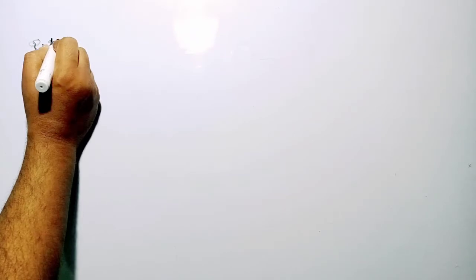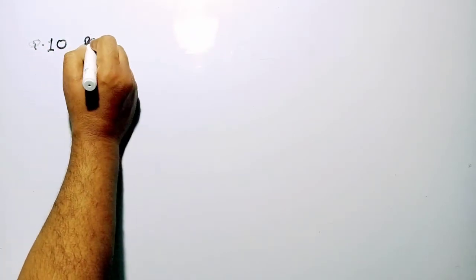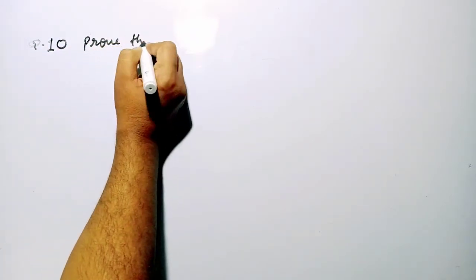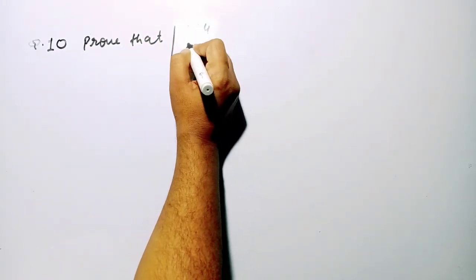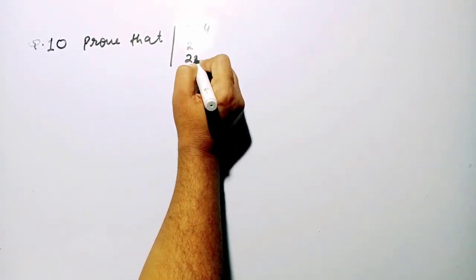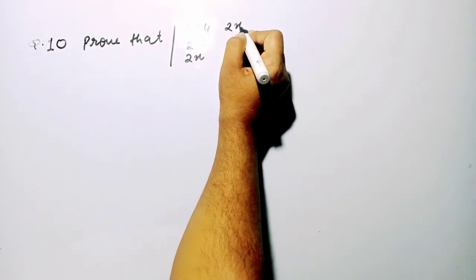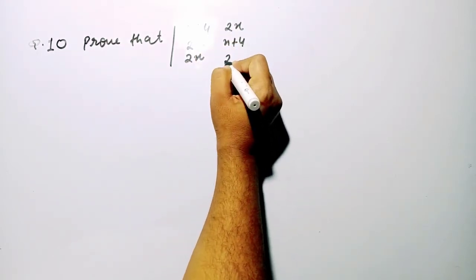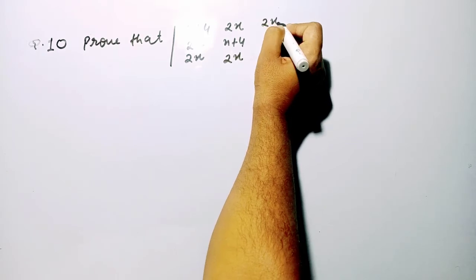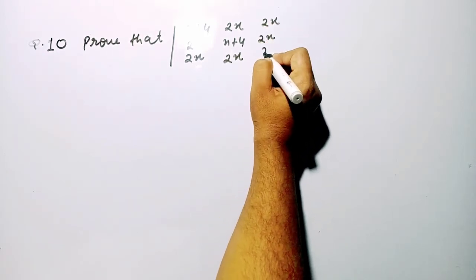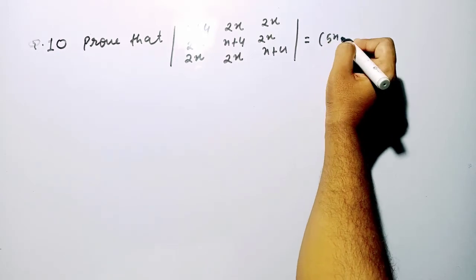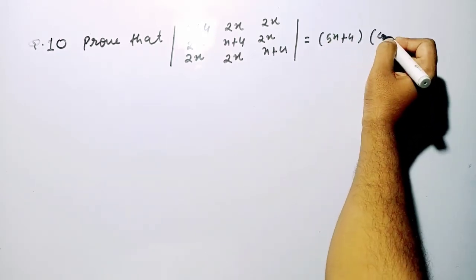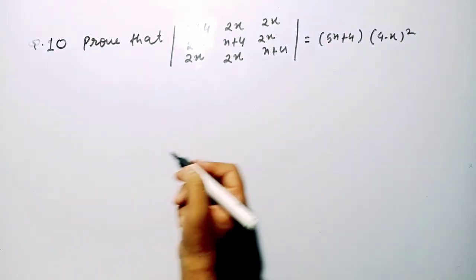Now moving to the next question. Here we have to prove that the determinant having elements x plus 4, 2x, 2x, 2x, x plus 4, 2x, 2x, 2x, x plus 4 is equal to (5x plus 4)(4 minus x) whole square.